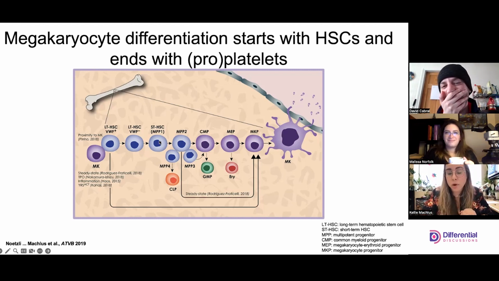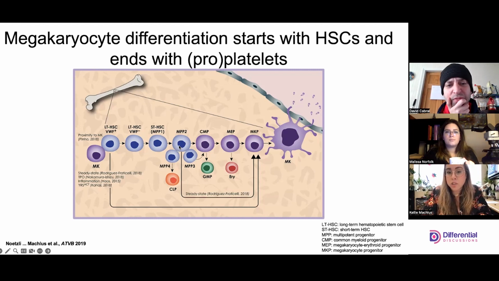The short term are the ones that are going to become activated when you need more stem cells. So as we go in this direction, they're becoming more and more committed to a certain lineage, and therefore less stem-like. These short-term HSCs can pretty much become anything.